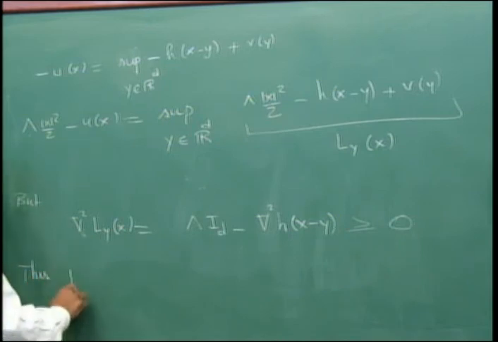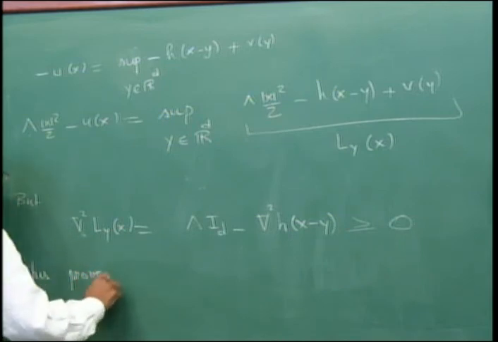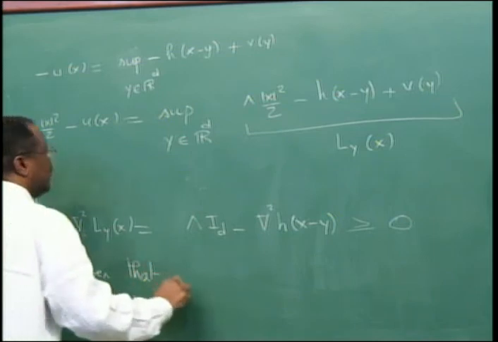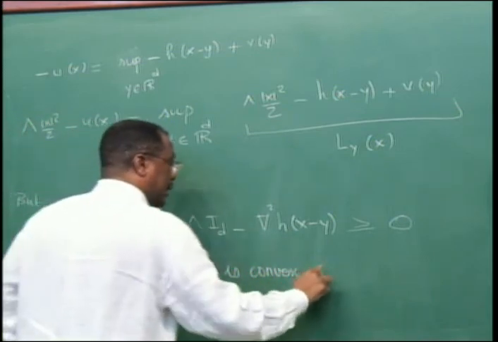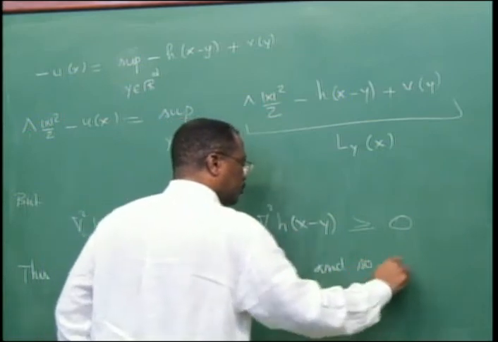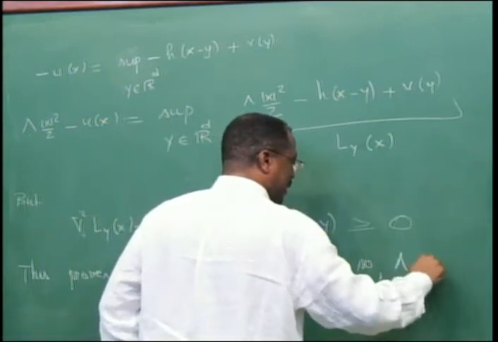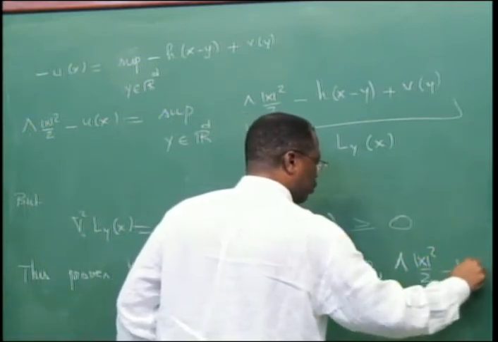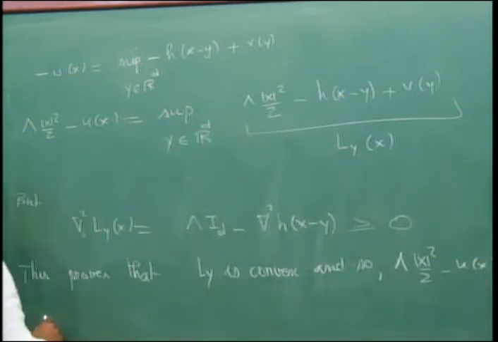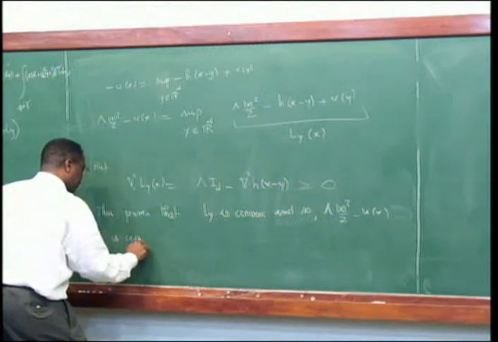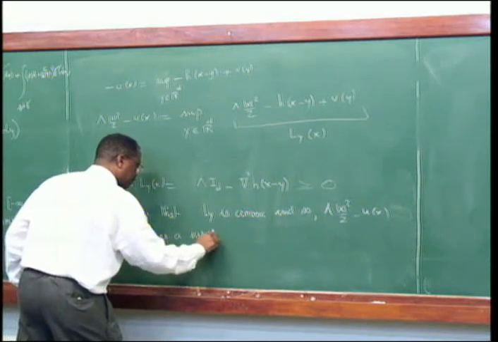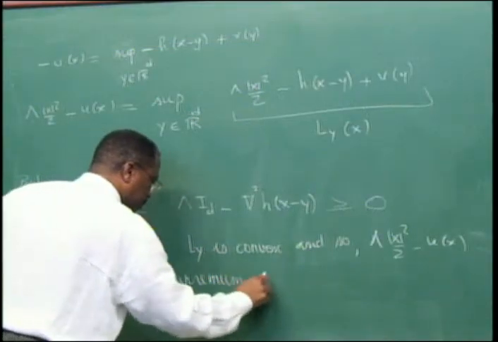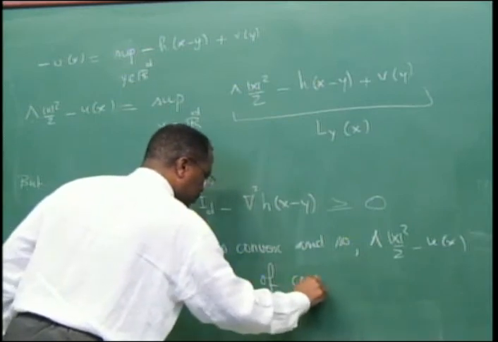This proves that L_y is convex, and so lambda |x|^2 over 2 minus u of x is convex as a supremum of convex functions.